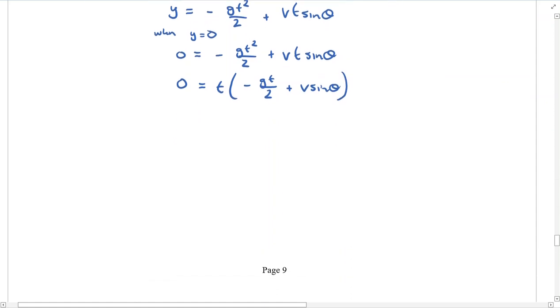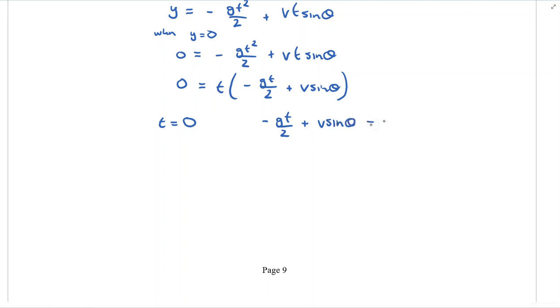Now, that is factorized, which means either the t equals 0, which is one you should always expect, because at time equals 0, it's at ground level, it goes up, and the second one is going to tell me when it lands. So for this second one, I have the minus gt over 2 plus v sine theta equals 0. I want to find out the time of flight, so I'm trying to get the t by itself.